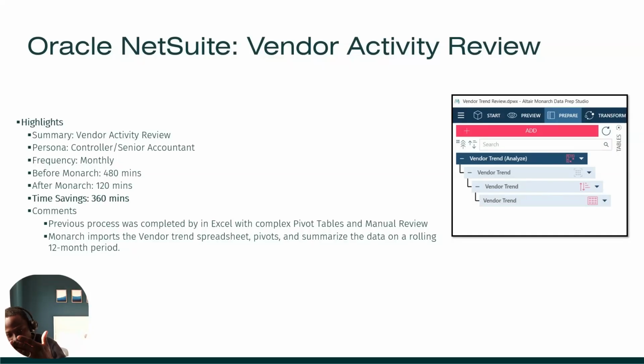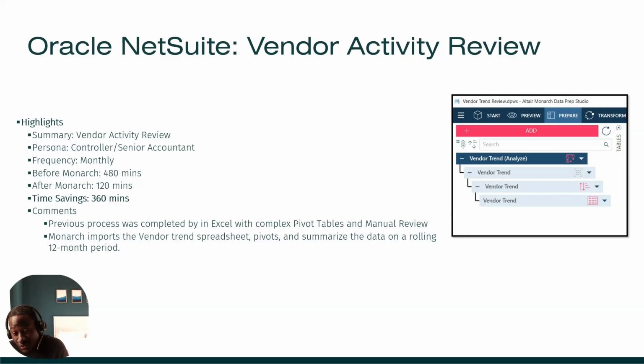They wanted to say, out of all these vendors, how much have we, I think it was outstanding actually, so it's almost like an accounts payable. How much do we have outstanding for these different vendors? And I want to look at it on a rolling 12-month period.